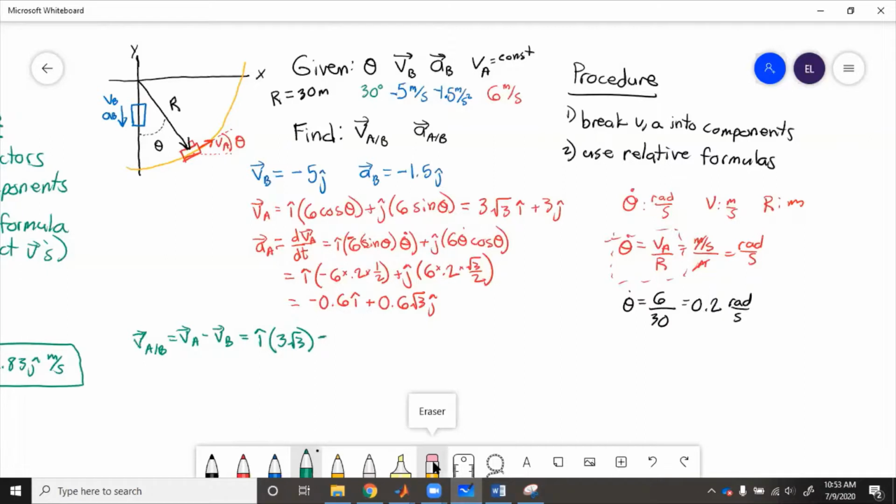Then in the j direction, because we're subtracting, we'll have 3 minus a negative 5.